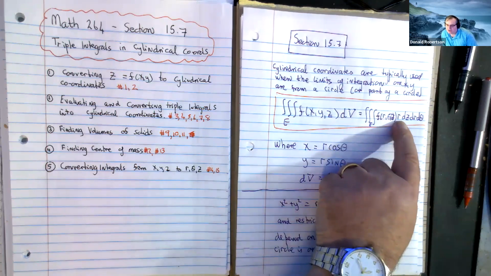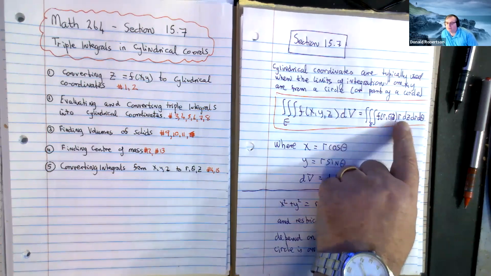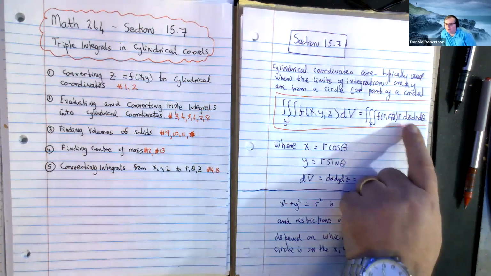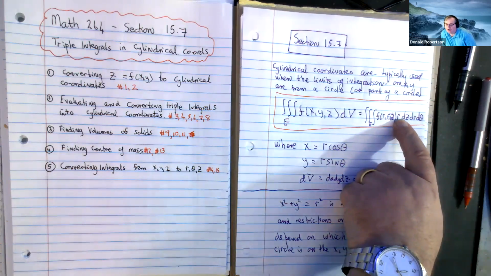Now, do you notice that there's an extra r here? It's not a mistake. That extra r comes about because when you change from x, y, z coordinates to cylindrical r, theta, and z coordinates, you have to compensate for that transformation, and that's what generates this little r.